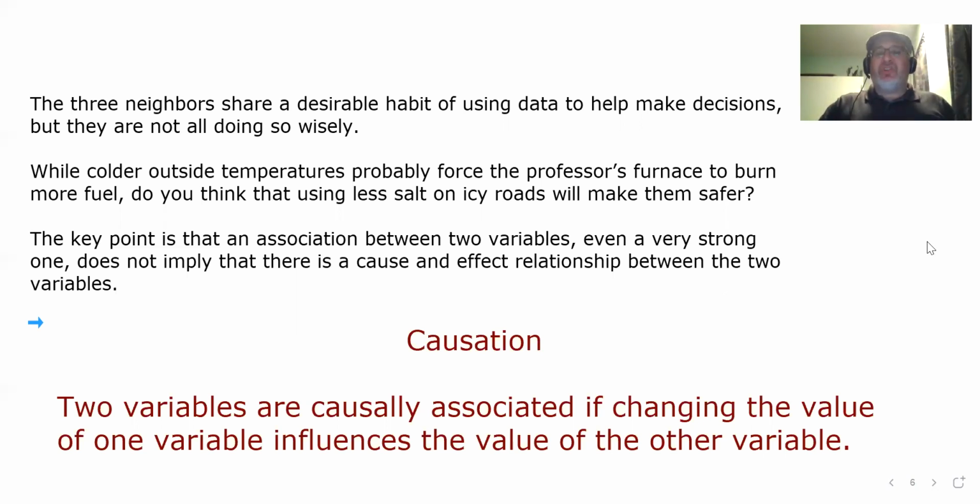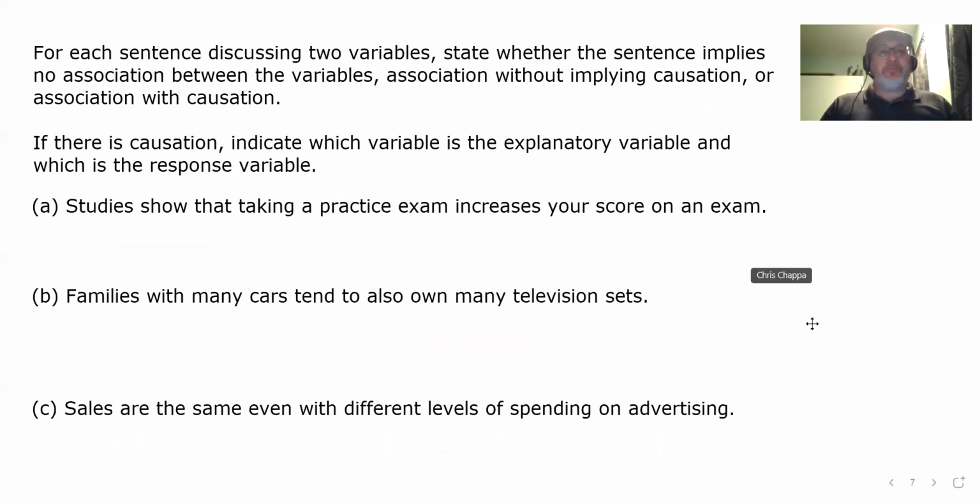Whereas causation is saying not only are they moving simultaneously, one of them is causing the move in the other. In other words, a change in one value is causing a change in the other value. It's important not to confuse association with causation. Let's take a look at some examples.